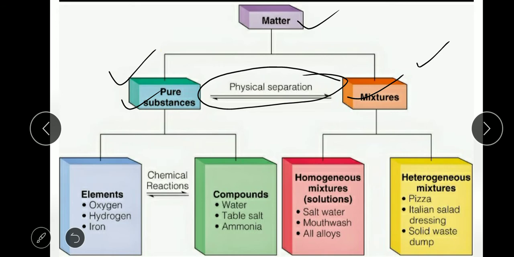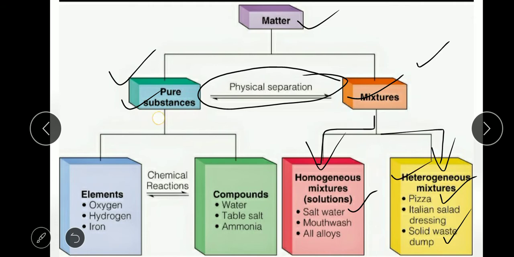When we talk about mixtures, we have two types, homogeneous and heterogeneous. Salt plus water is an example of a homogeneous mixture. Pizza, solid waste dump, and water and oil are examples of heterogeneous mixtures, students.